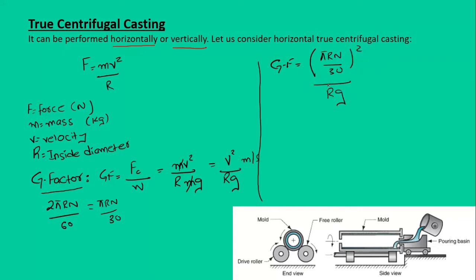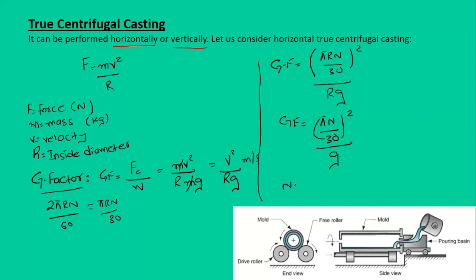You can cancel out this r with that one, so we have GF equals to pi n by 30 square by g. Now we can solve it for n, because we need to identify the revolutions per minute for this mold.